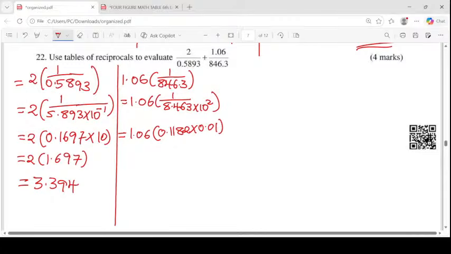So this will now become 1.06 into 0.001182. When you multiply this using a calculator, 1.06 times 0.001182, you get this as 0.00125292, like that.